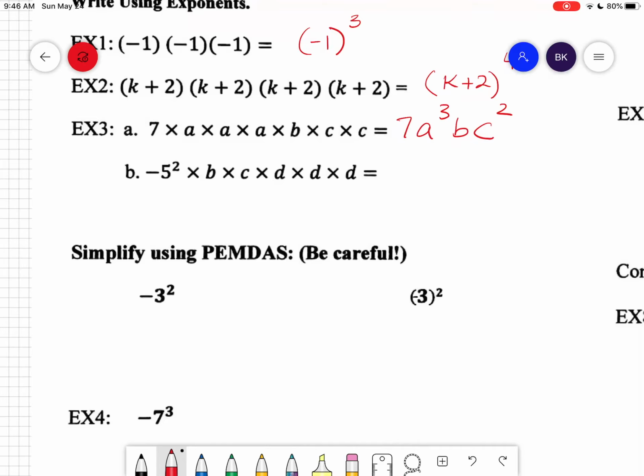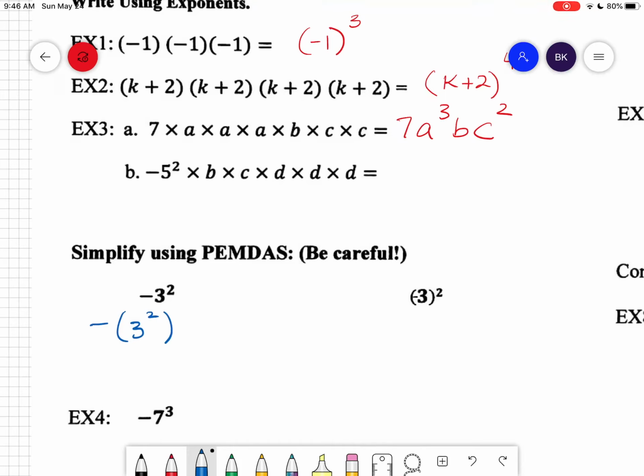Now, let's take a look at -3 to the second without parentheses. Now, in this case, negative simply means the opposite. Okay, so I'm asking you, what is the opposite of 3 to the second? I'm going to rewrite it. What is the opposite of 3 to the second power? Now, I know 3 to the second power is 9, right?